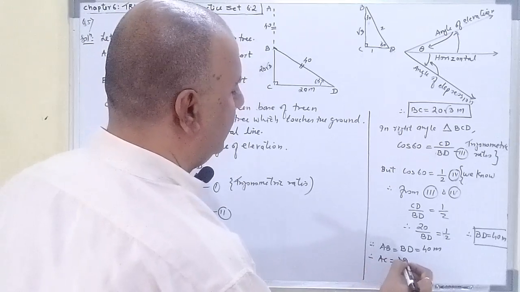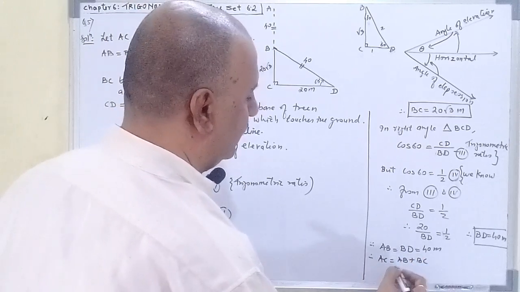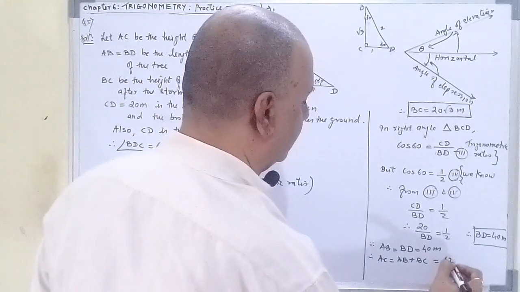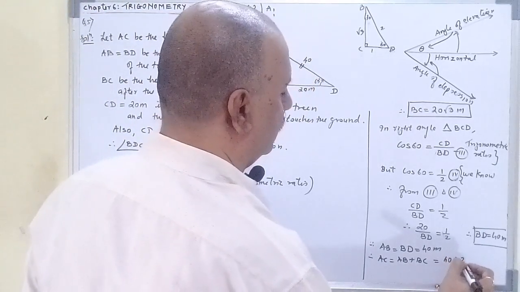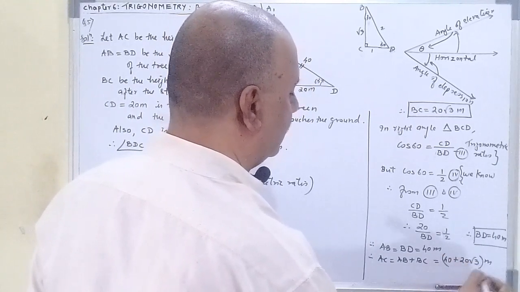AC will be AB plus BC. So add this: AB is 40 plus 20√3, this will be the answer in meters.